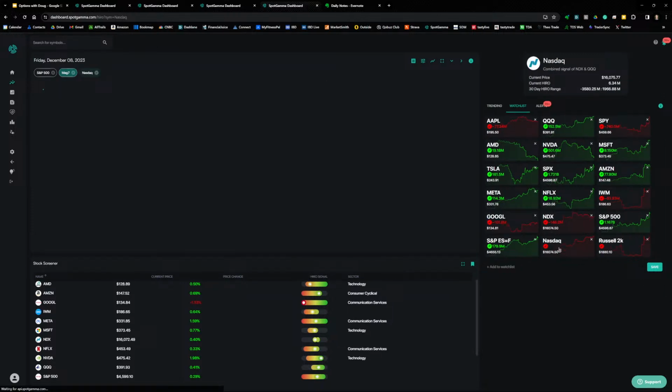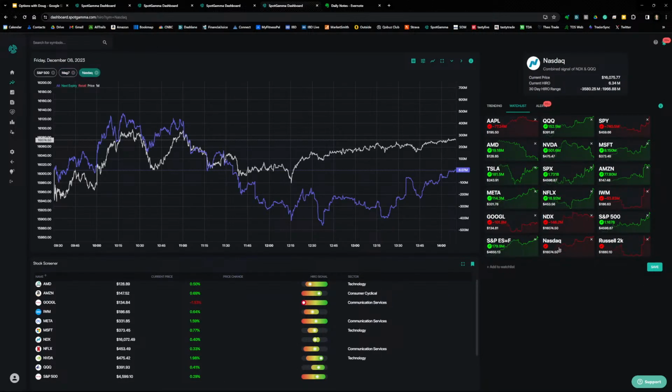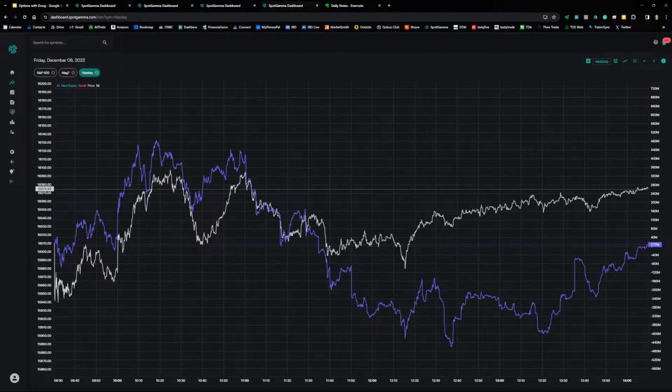Let's take a look at the NASDAQ signal. And in the morning there was pretty strong correlation between options trades, hedging flow, and price action.